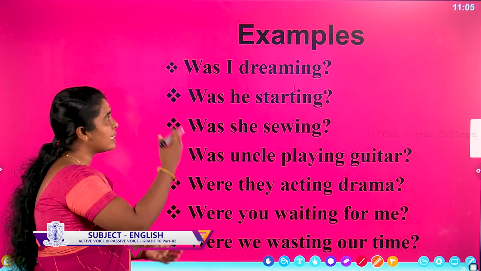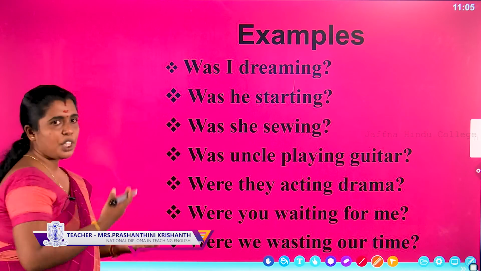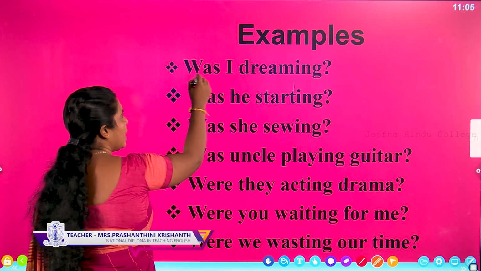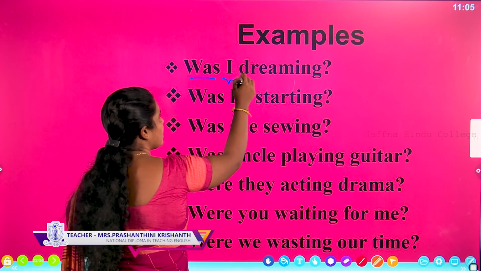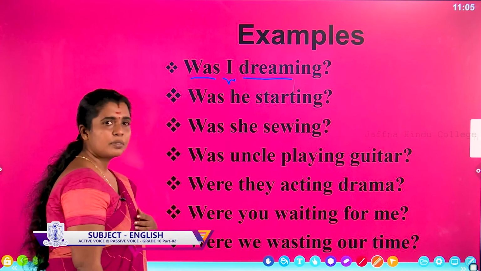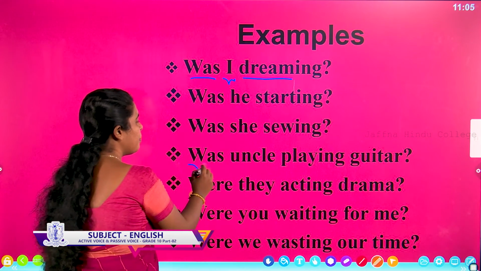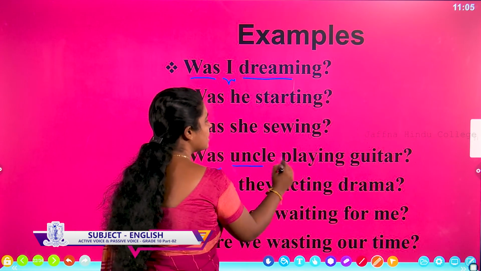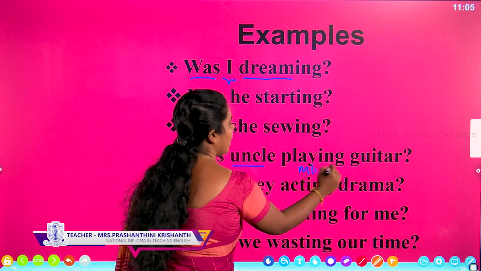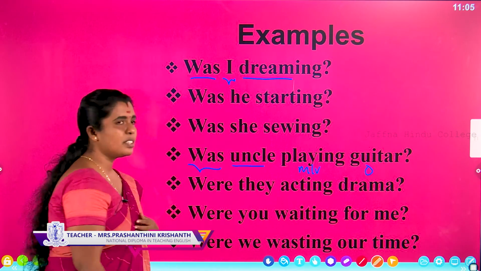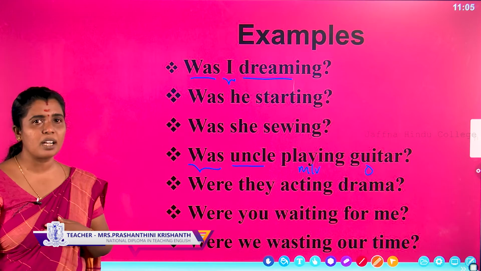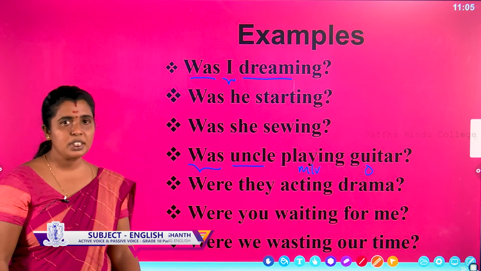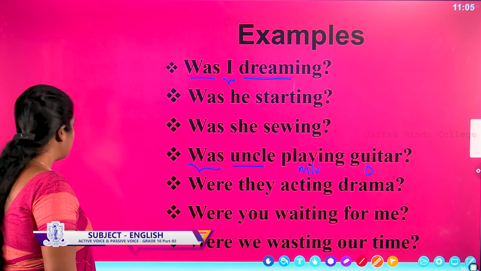So in these examples, there are no question words, right? So here helping verb, subject and the main verb. Okay? Here also helping verb, subject, main verb and the object, right? Don't forget to put the question mark, right? Because this is question type, right?